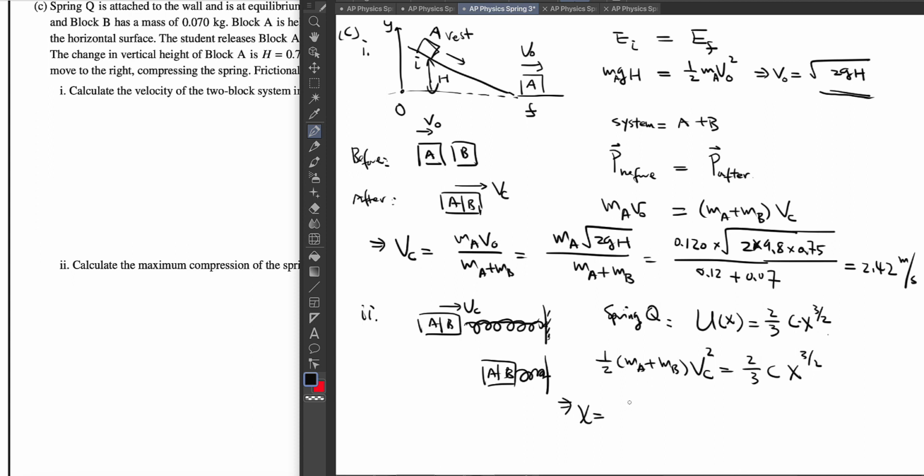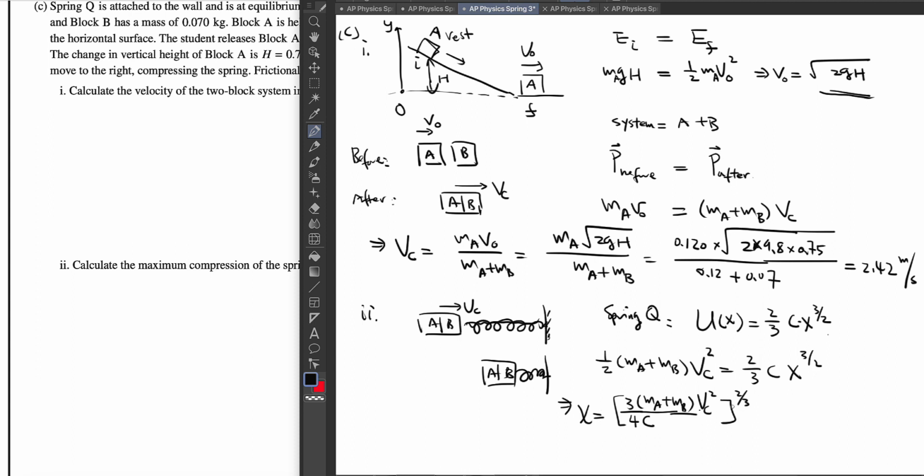So we have x equals 3/4 C here, and then (MA plus MB) times VC squared, and then we need to do the 2/3 power here to calculate the value of x.